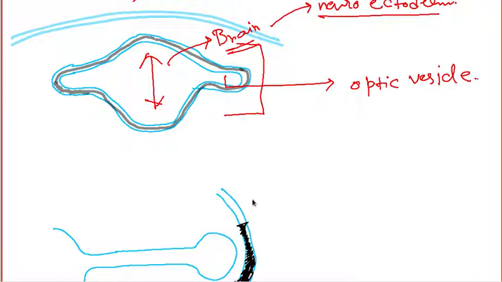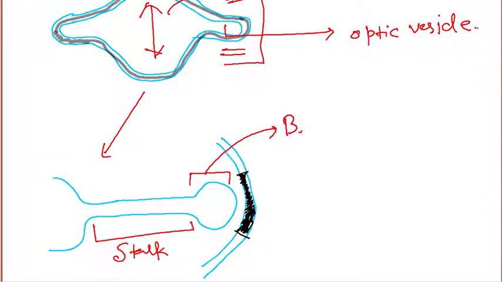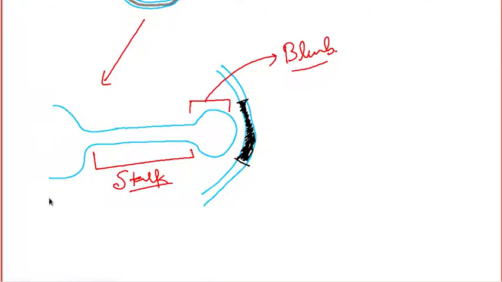Now after forming the optic vesicles, there will be lateral growth. Here, see, these are the optic vesicles, and they will grow laterally like this. After growing laterally, it will form a stalk-like structure, and in the end it will form a bulb-like structure.